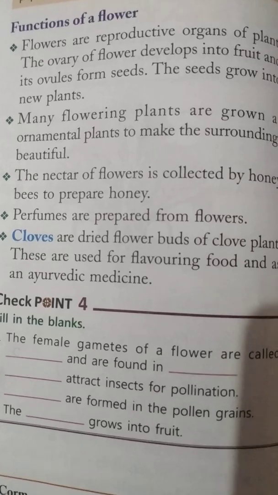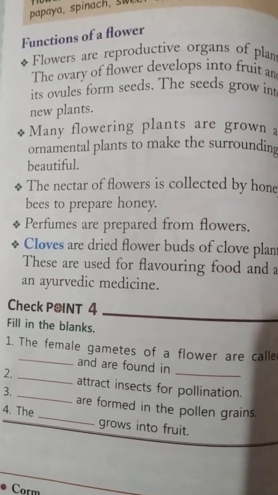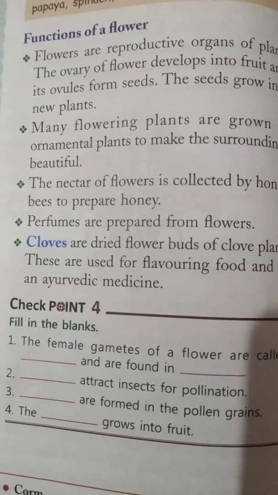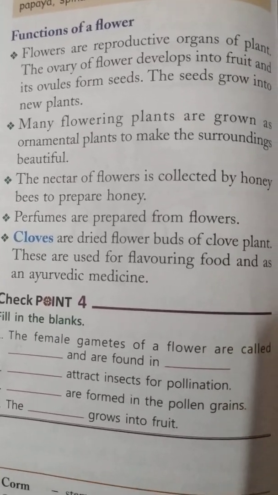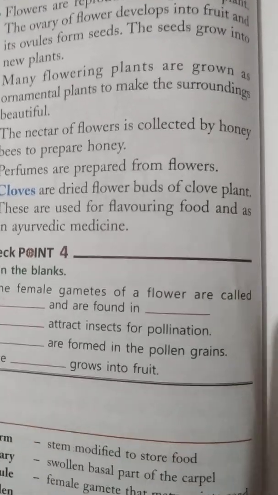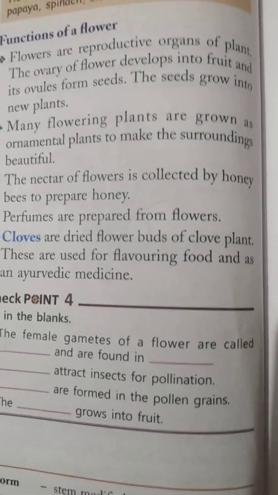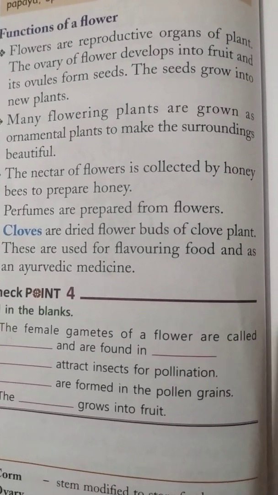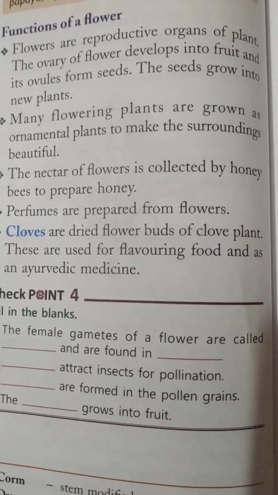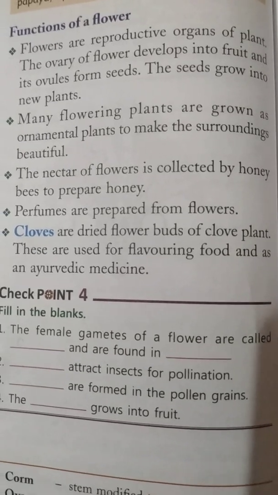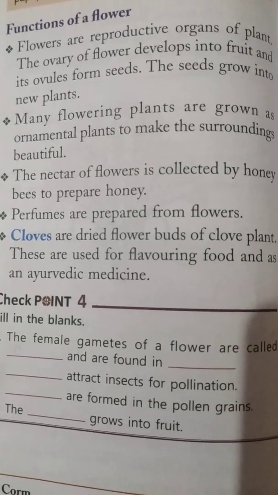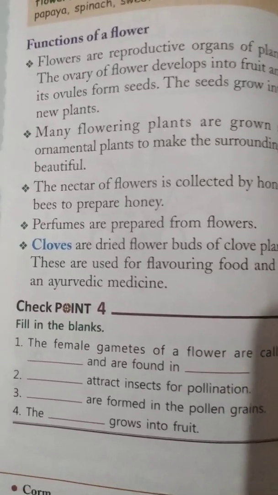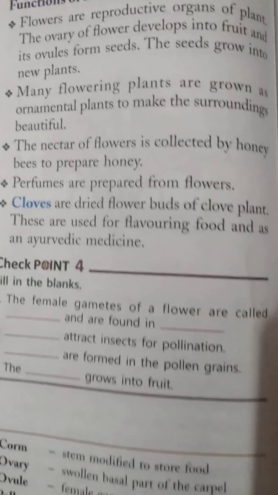Perfumes are prepared from flowers. Clove is a dried flower that we use for flavoring food, and in certain medicines or Ayurvedic medicines we use clove as one of the agents.